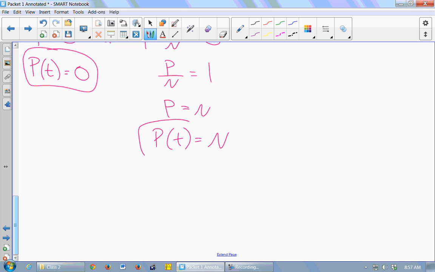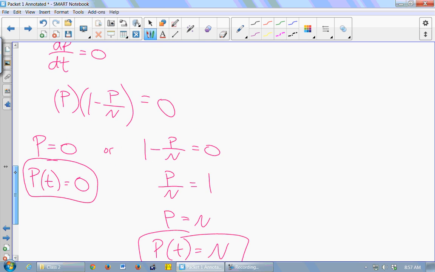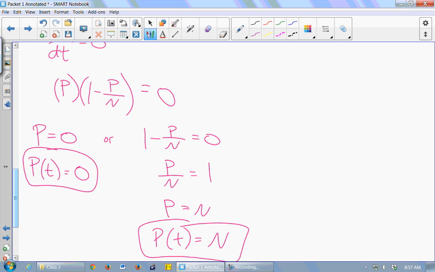Right, so I have two equilibrium solutions, 0 and n. So if I was going to sketch what my solutions look like, I have two possible solutions where the population size never changes. So here's t, here's p. So here's one of my equilibrium solutions at 0.